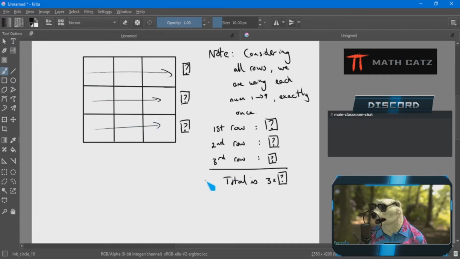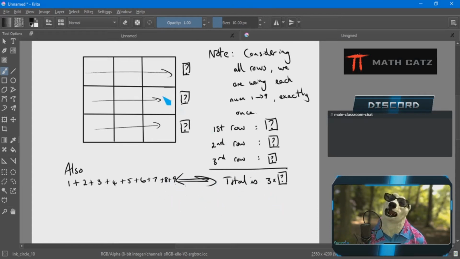I should also get this by individually adding up all the numbers. 4, 5, 6, 7, squeeze it in. So I can get that total in 2 different ways.